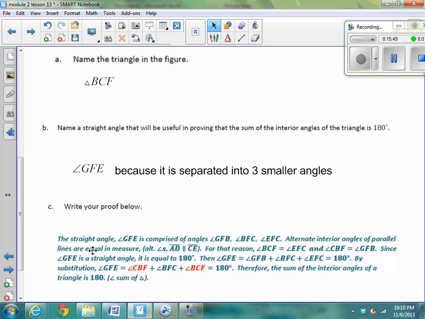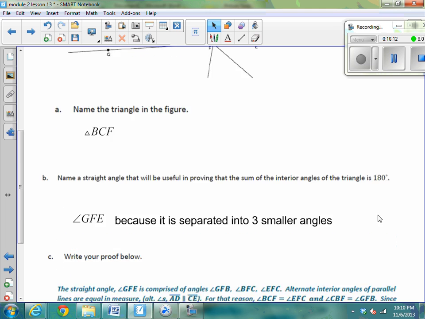The straight angle, angle GFE, is comprised of these three angles. Alternate interior angles of parallel lines are equal in measure. So for that reason, angle BCF and angle EFC, and angle CBF and angle GFB. So let's look at those.